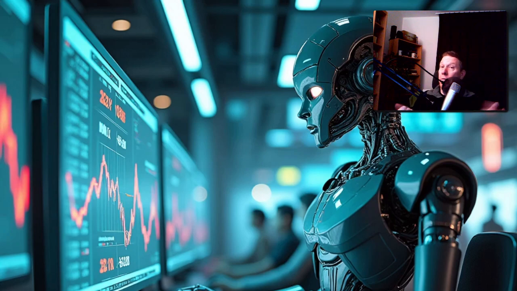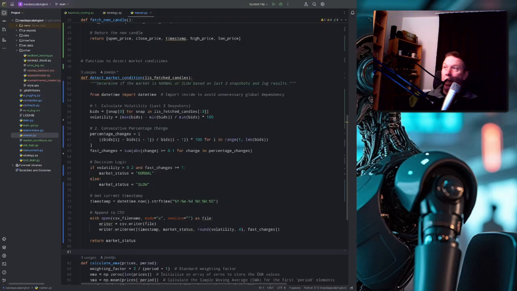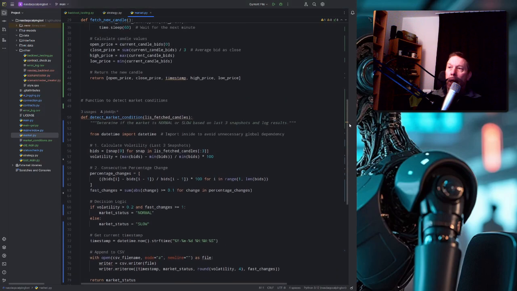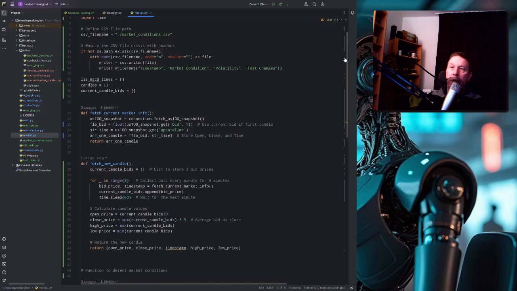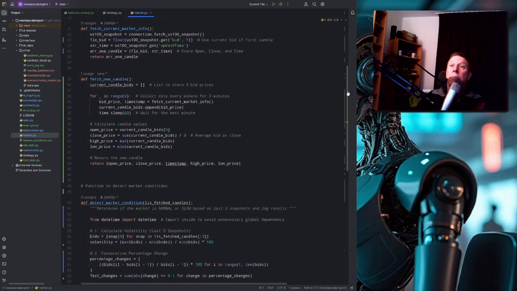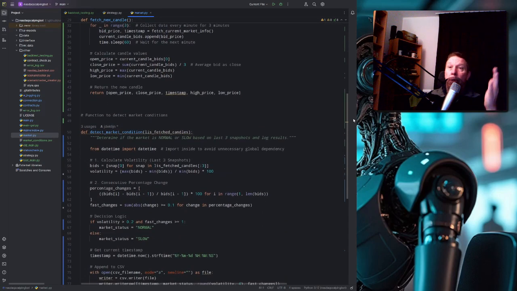And this is the start of the video, so I don't know what the conclusion will be, but we will see. And we will do this in this code. And this is the backtesting code, the program I made yesterday to do some testing with the new parameter I have for the bot.